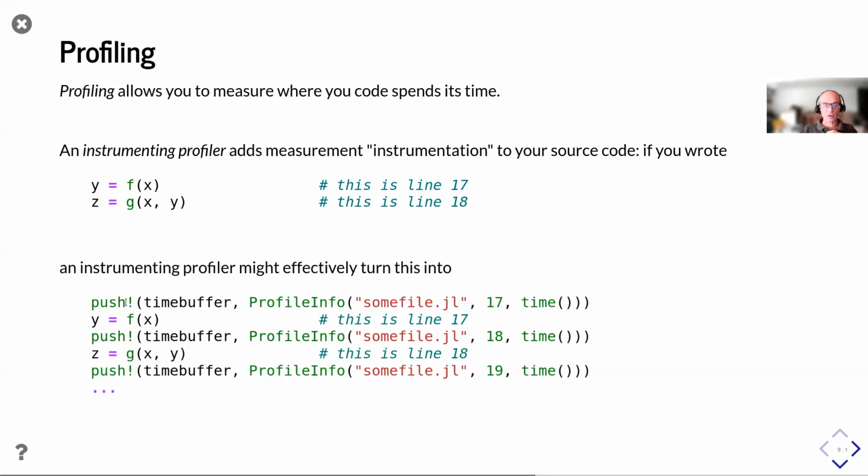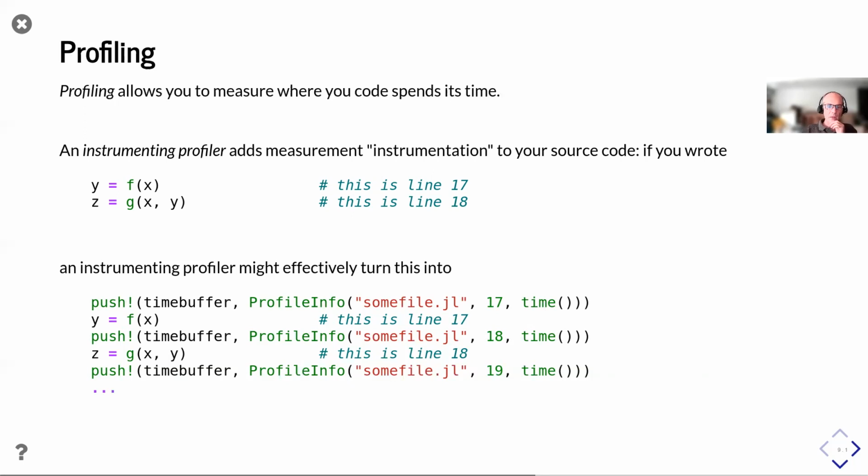And then after it finishes that, it pushes updated information about where it is. So now it's moved on to the next line, and it wants to, of course, know what time it is. And so it's going to query the system clock each and every time. These will all return different times, because time will have advanced because of this function call, most likely. And it just does that in between essentially every execution that gets called.